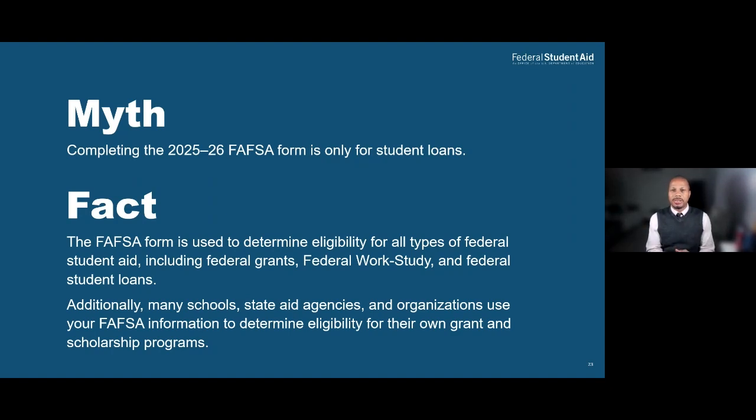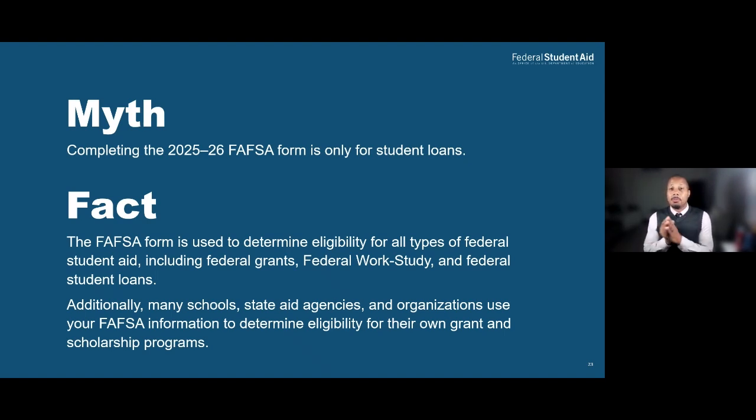A couple of myths before we get into the demo. Number one, completing the 2025-26 FAFSA form is only for student loans. Remember when we said in the beginning that, hey, I don't want to complete the FAFSA form because I'm only going to be eligible for federal student loans. Well, guess what? This is used by multiple entities. They use it to determine eligibility for their programs and their grants, scholarships, as well as loan programs.